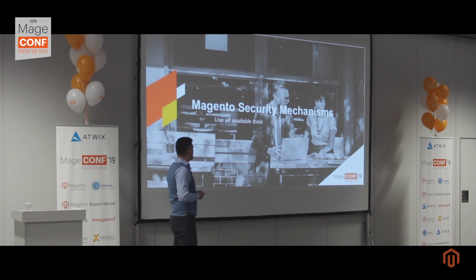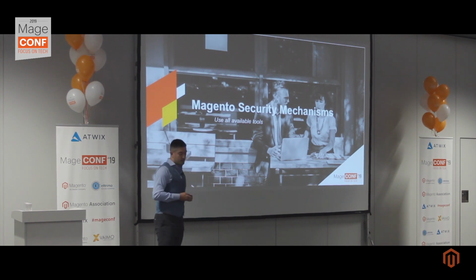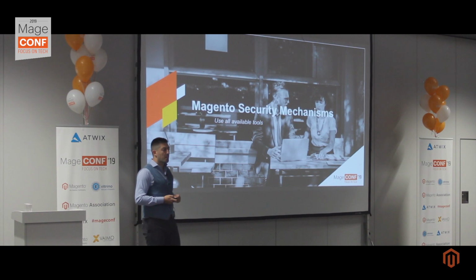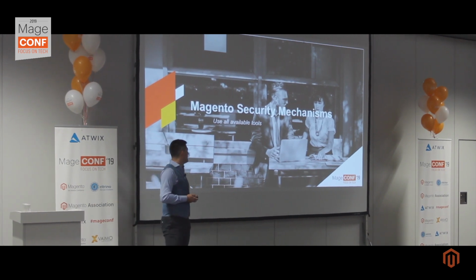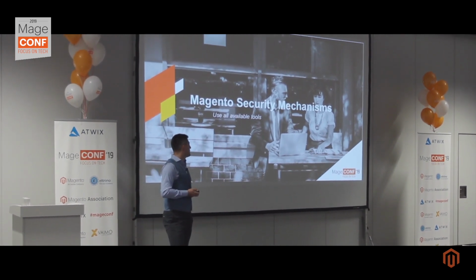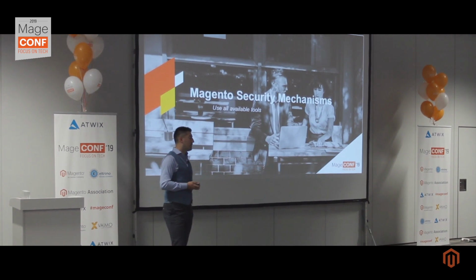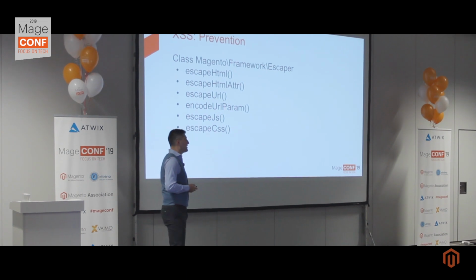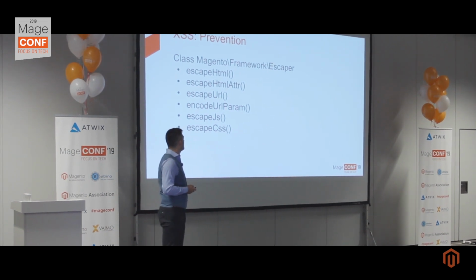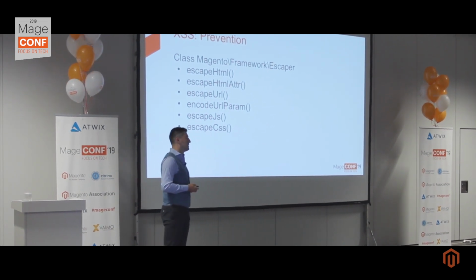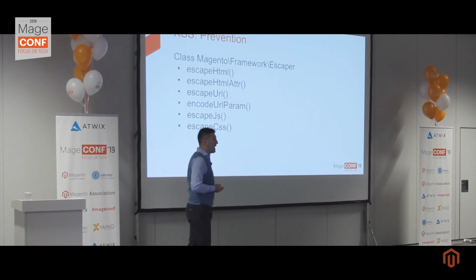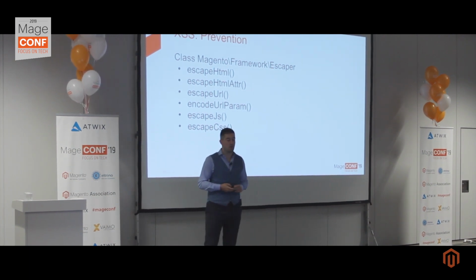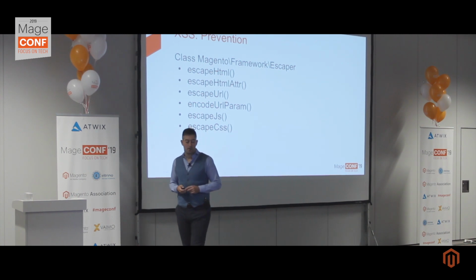So, Magento security mechanisms. There are a lot of mechanisms which come with Magento. I'll try to cover a couple of those. First, for cross-site scripting, there are a couple of functions. They are already part of the abstract block, so you can use all of them in your templates and wherever.